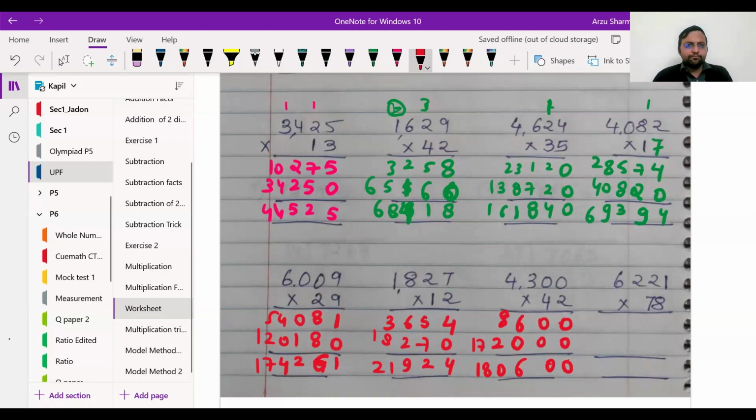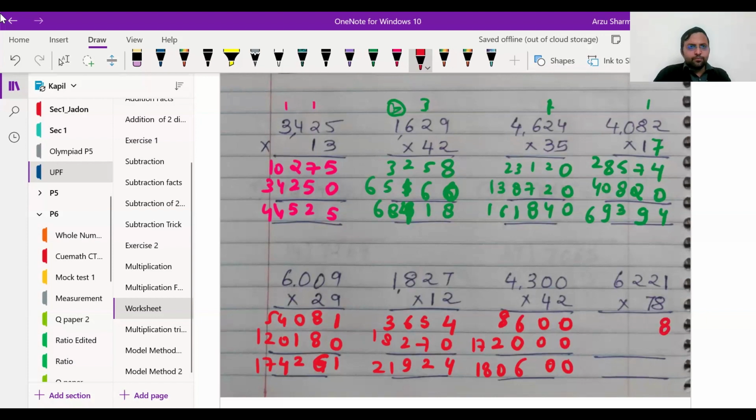Last one. Sujal, this doesn't look correct. First of all, the ones digit cannot be 6. This is plausible.